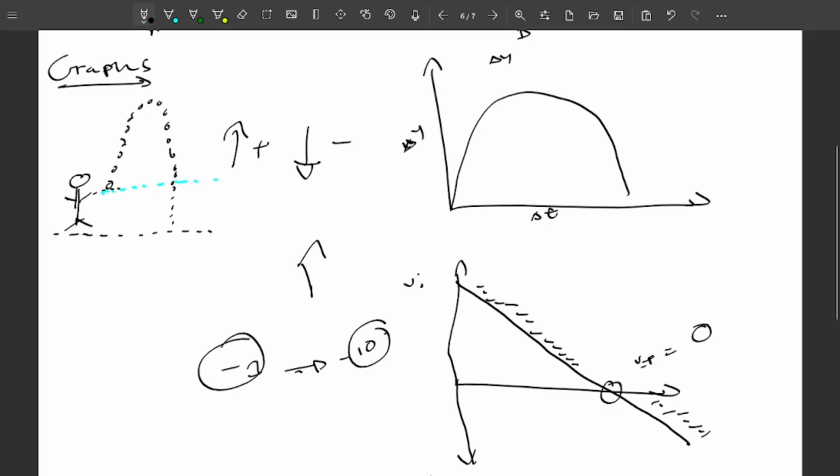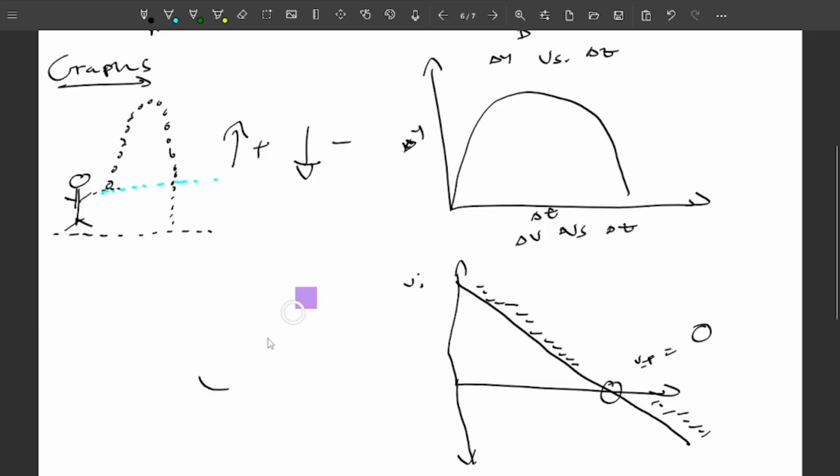This is the change in y versus change in t, change in v versus change in t, and now for this one here. Right. This is the change in t, then this is the change in v. So this is the graph here, and this is the graph here, right?